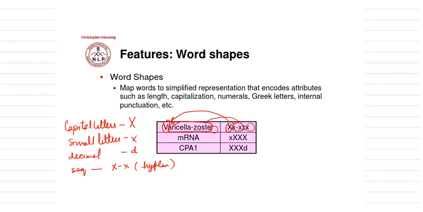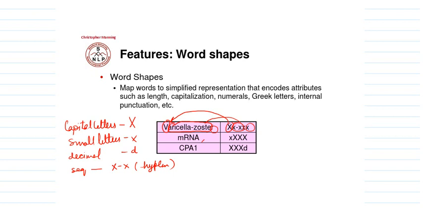So we can now define different kinds of shapes, right? In the second example, this is actually a protein name, and all the proteins would have mRNA, and other proteins would have similar kinds of shapes, right?